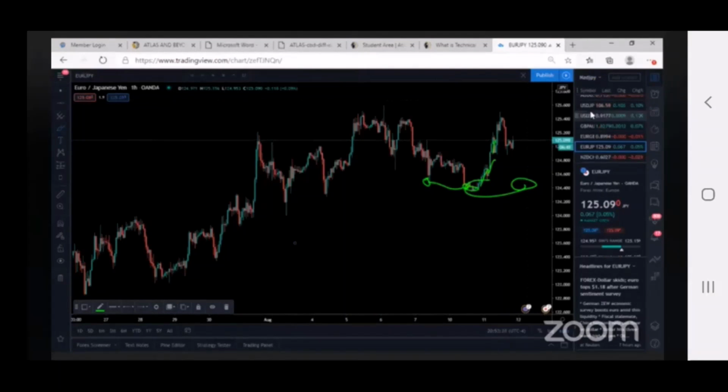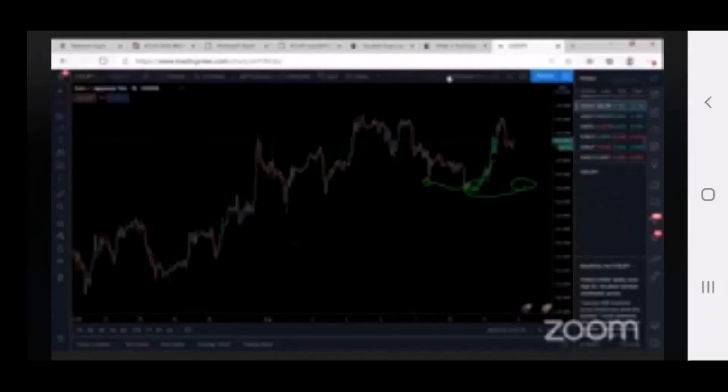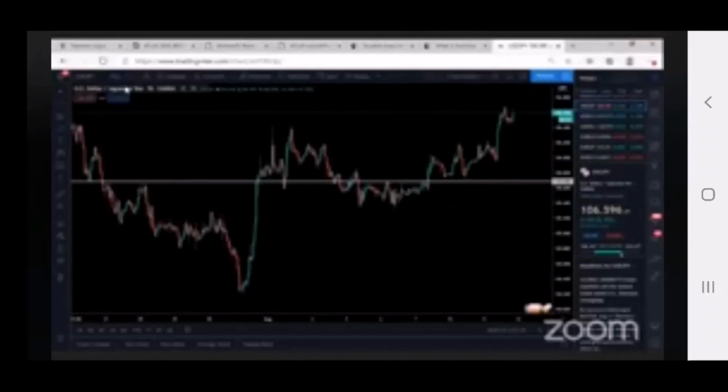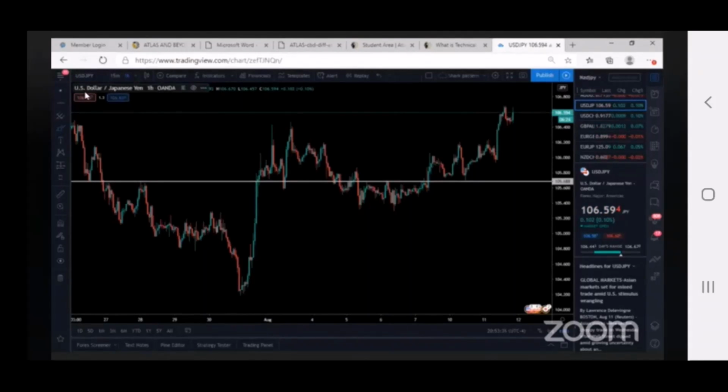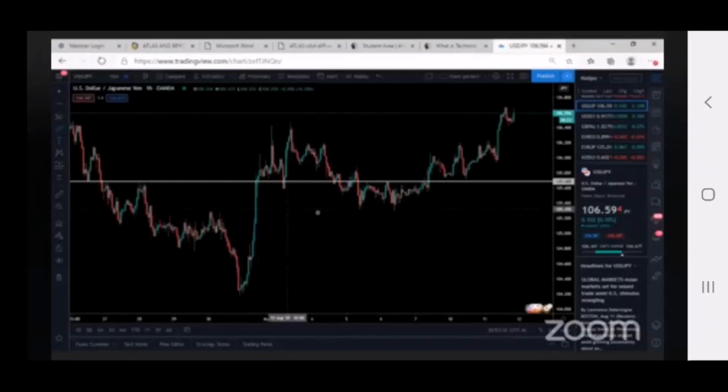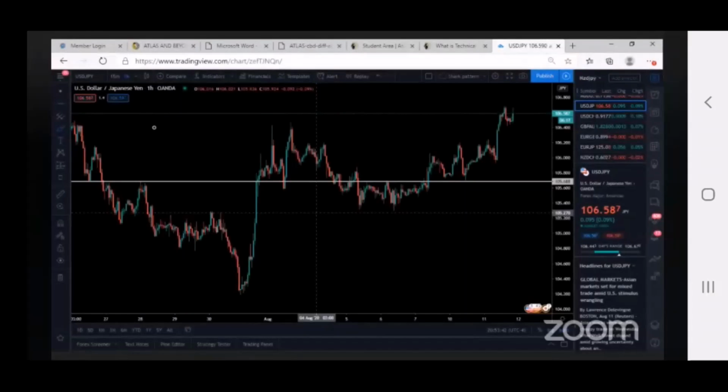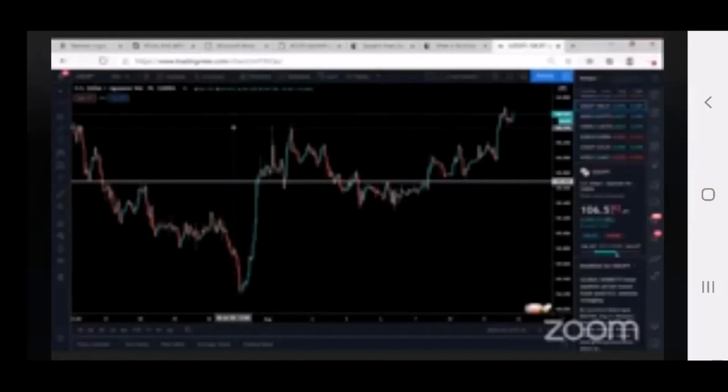If you go to USD/JPY, you're trading the US dollar against the Japanese yen. If you decide to buy USD/JPY, you're buying whatever is on the left side of the pair, the United States dollar, and you're hoping it goes up. If you decide to sell USD/JPY, you make money once the United States dollar goes down. You understand that? Okay.